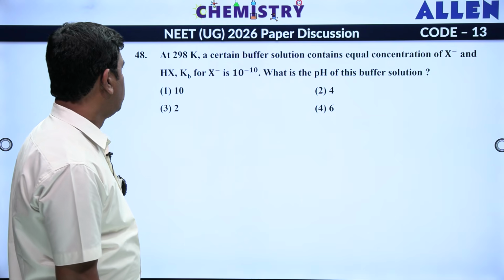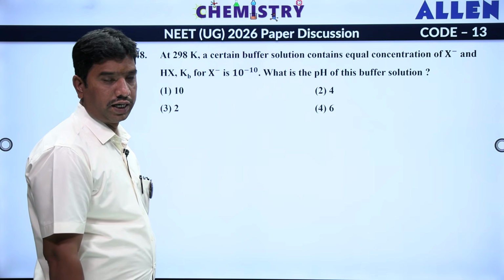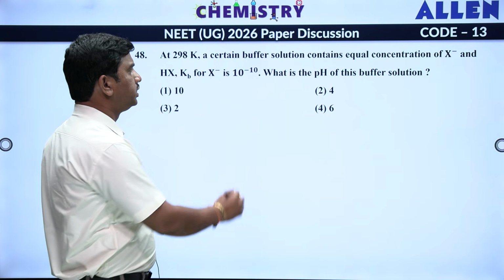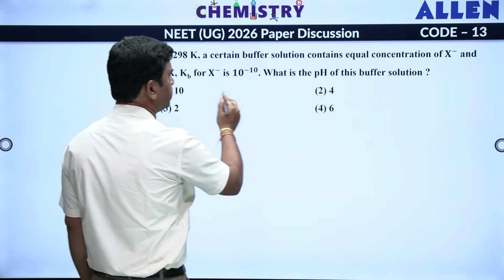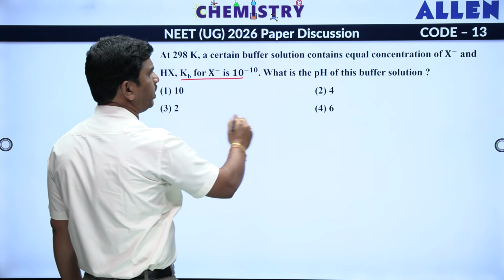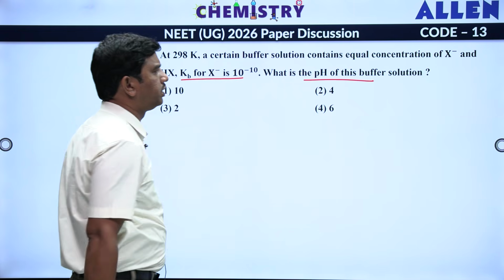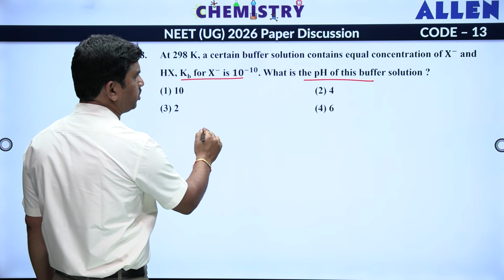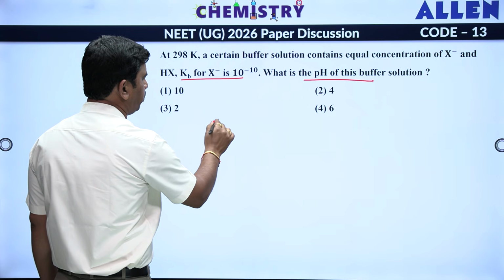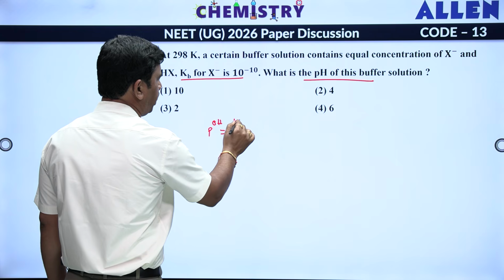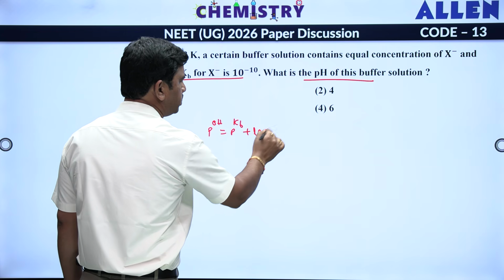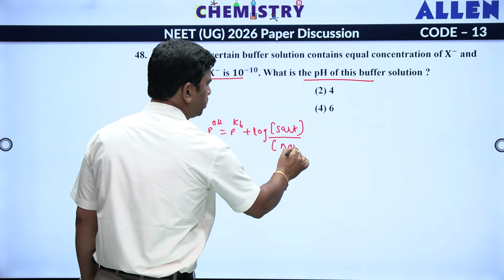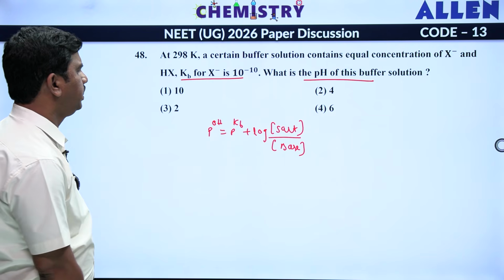Next question, this is the buffer concept, ionic equilibrium. Here a buffer solution with equal concentrations is given, the Kb value is given, and they are asking the pH of the solution, right? Kb given means consider it a basic buffer, and pOH equals pKb plus log of salt by base. You can use this formula.